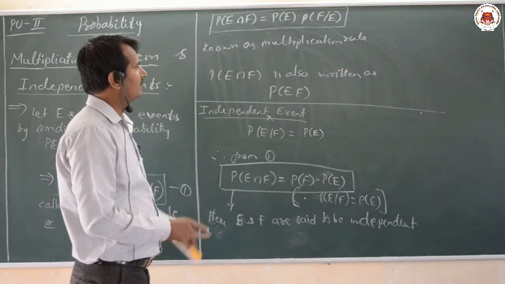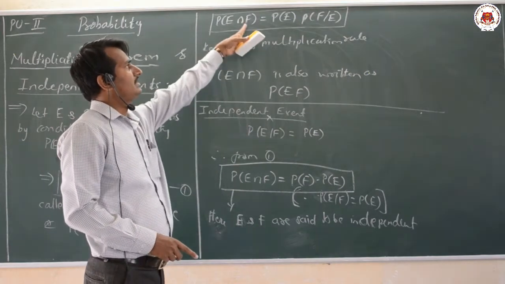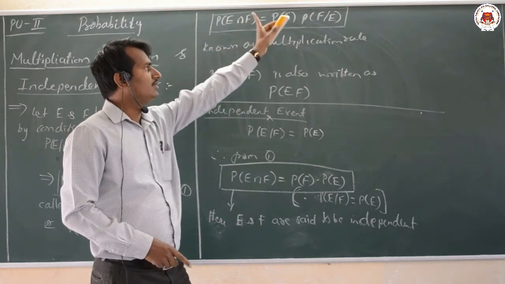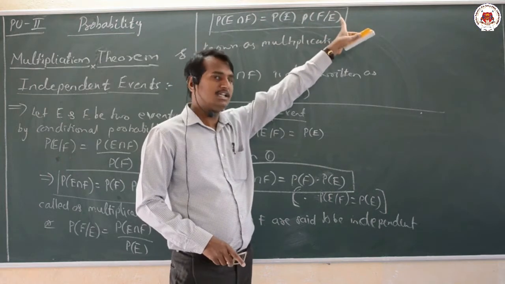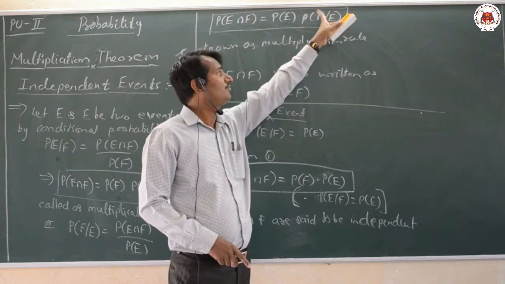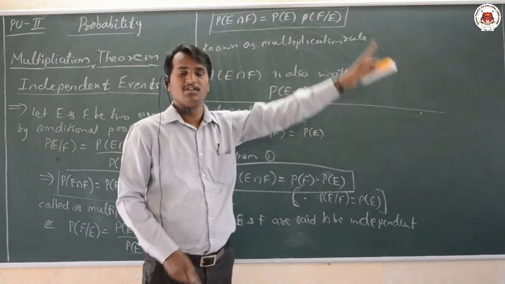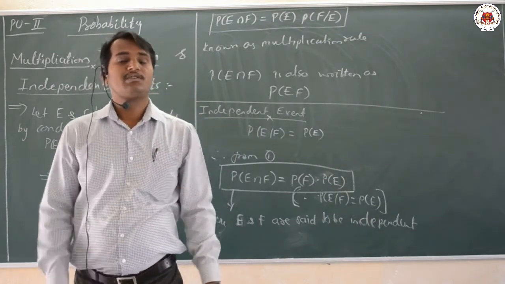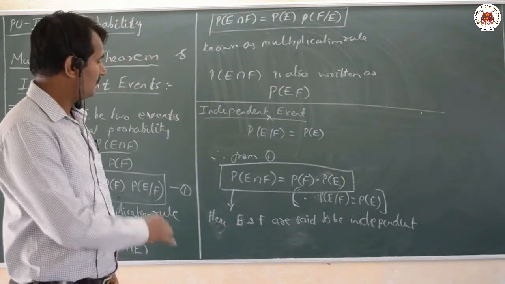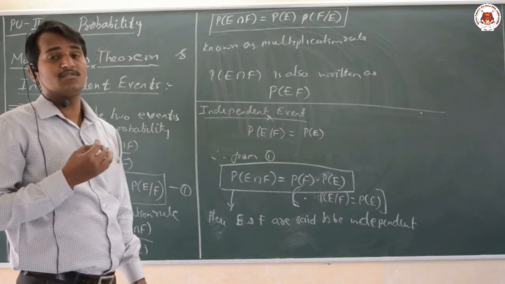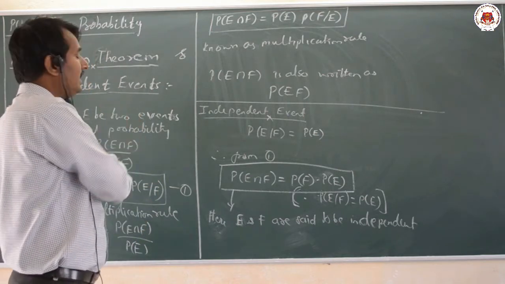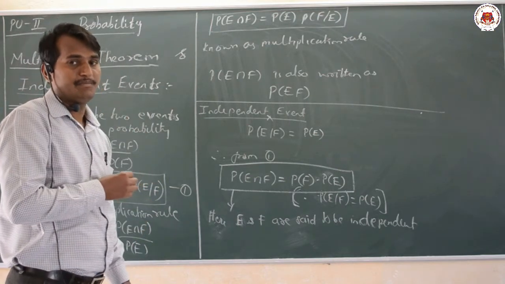And the result required for the multiplication rule is P of E intersection F equal to P of E into P of F bar E. P of F bar E means the probability of F, already E has occurred. Okay, dear students, this is our simple basics required for the multiplication rule as well as the independent events.